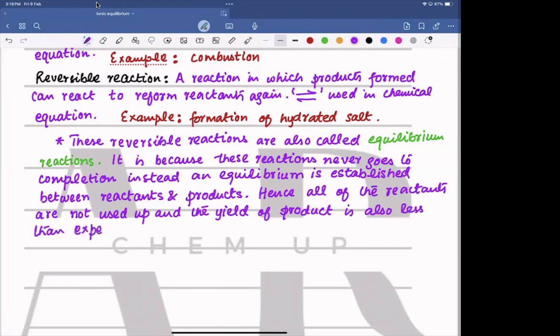As the equilibrium is established and all of the reactant is not used up, it clearly indicates that the product formed is not maximum. The one which we are expecting, it is always lower than this. Is this clear to all of you? Yes, sir.